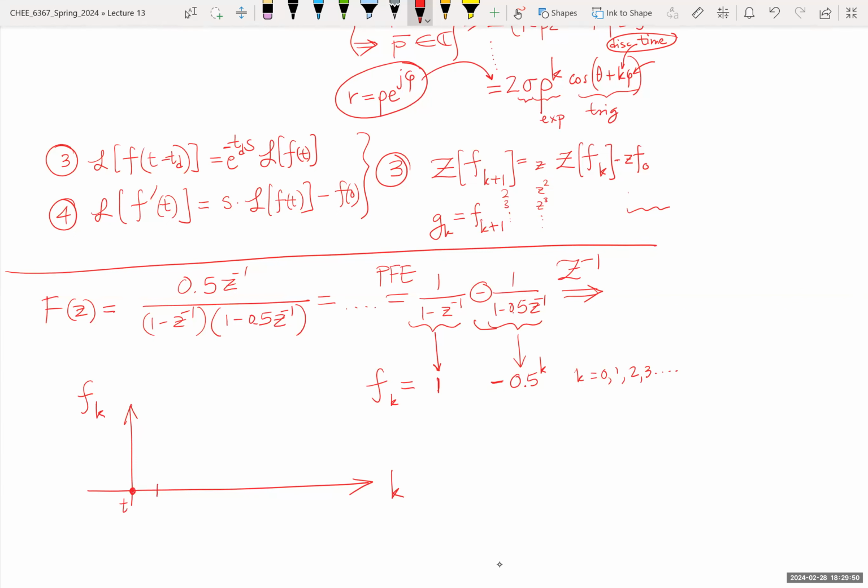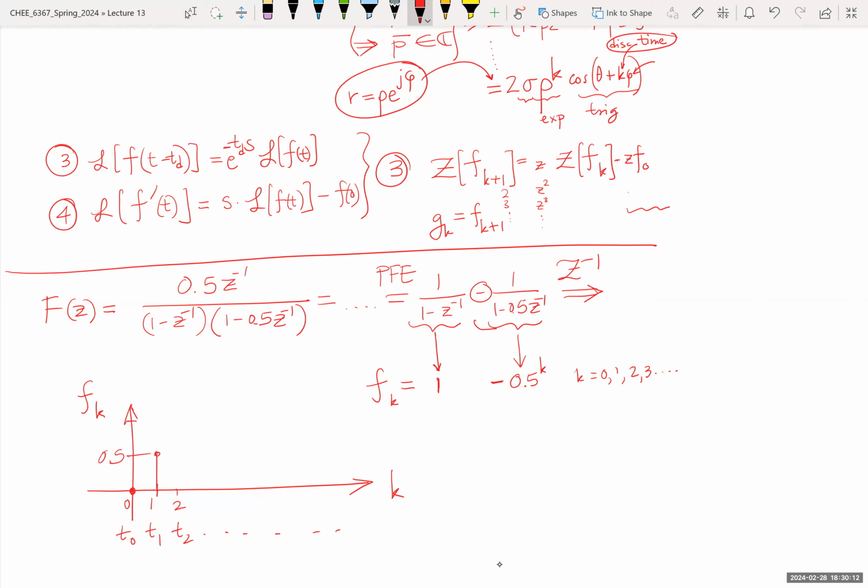So this is K0, 1, 2, etc., or this corresponds to T0, T1, T2, etc. For k equal to 1, yeah, 0.5. And it's very easy.